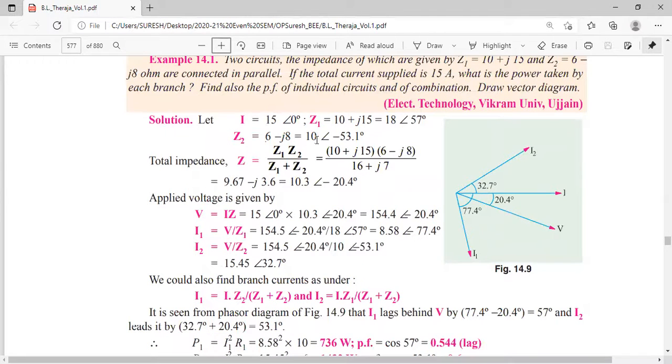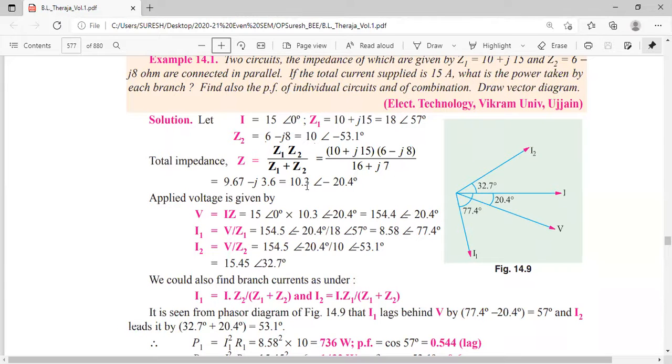Your Z2 is 10 at an angle minus 53.1. Next Z is 10.3 at an angle minus 20.4. What have you got? Minus 19.7. Okay, approximately the same. Some decimal values may vary in calculations.